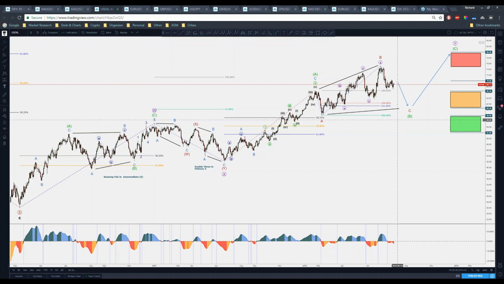So for that, I basically used the Fibonacci extensions from A to B to determine the possible end of C. As you can see, it's exactly at the 100%. It's enough to be considered a running flat. If this thing breaches through, the next levels would be 161.8 or 200, or basically these Fibonacci retracements of wave A right there.